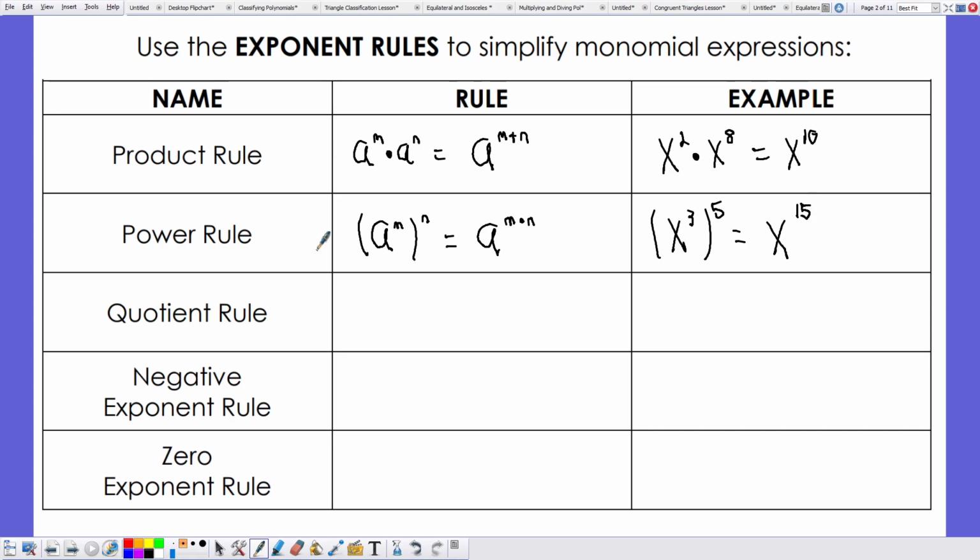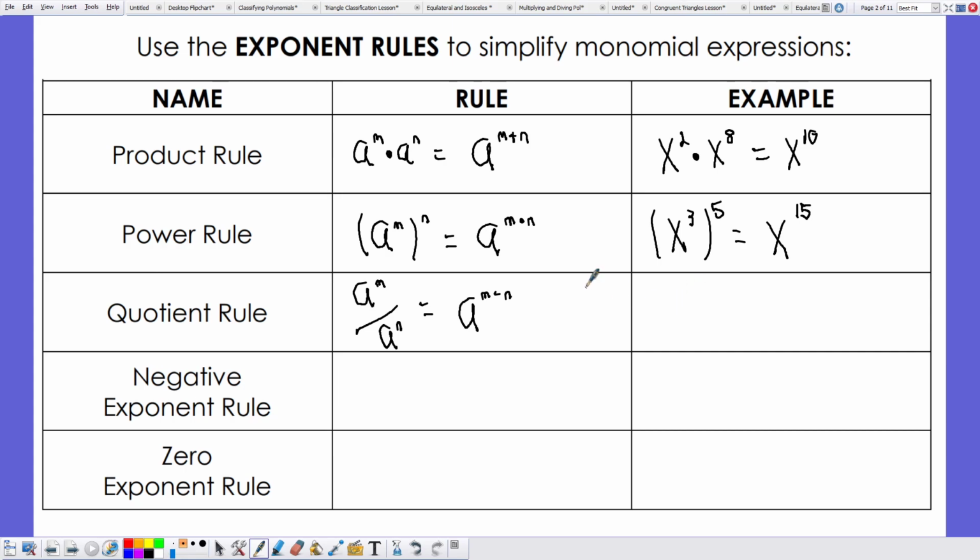The quotient rule states that if we have a to the mth power over a to the nth power, your result would be a to the m minus nth power. So now you're subtracting the values of the exponents.